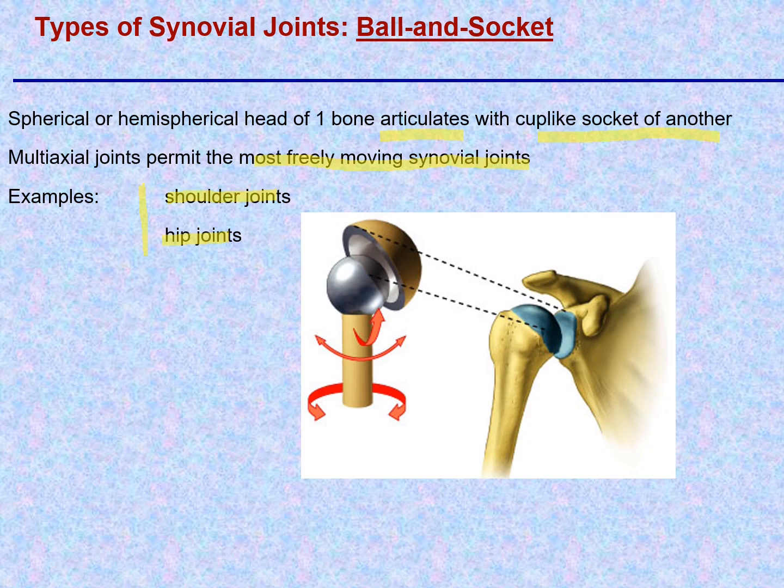The joint replacement of the shoulder puts a ball in where the socket was and a socket where the ball of this part here was. So it reverses this ball and socket orientation in the artificial joint.